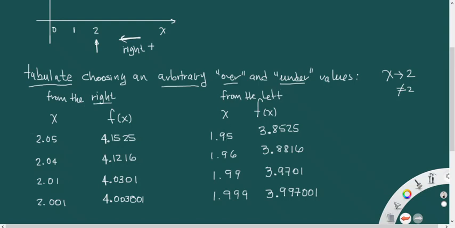Okay, so I am taking values less than 2, in this case 1.95, 1.96, 1.99, and 1.999, and I'm approximating the number from the left. Why am I approximating from the right and from the left?